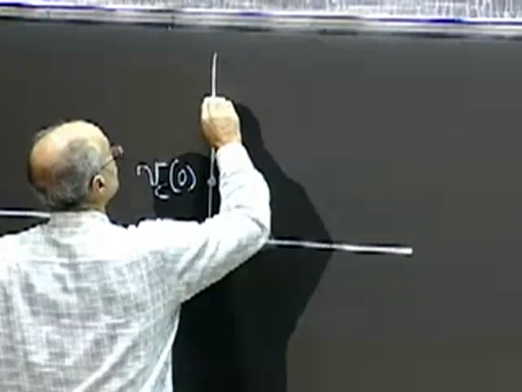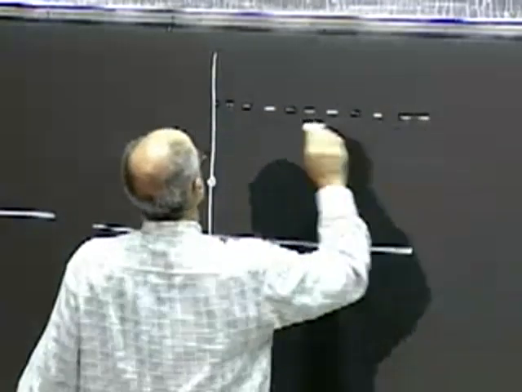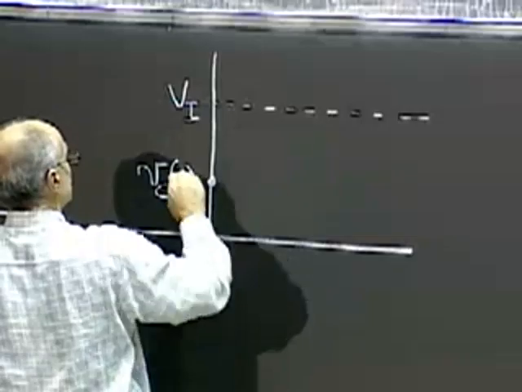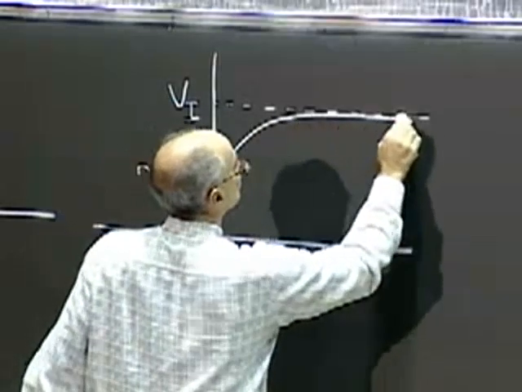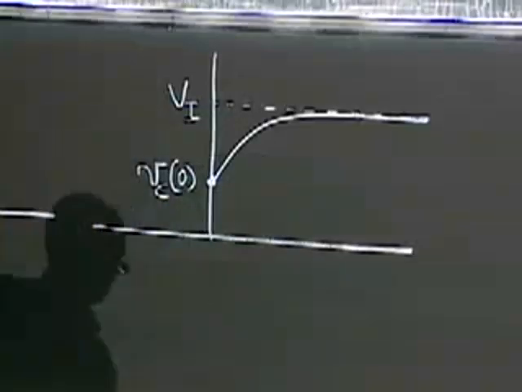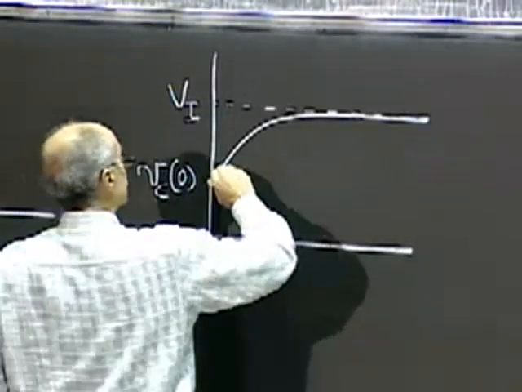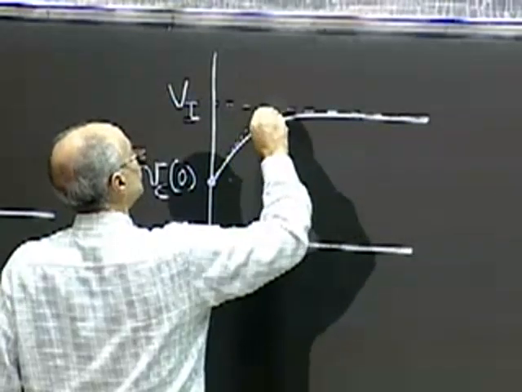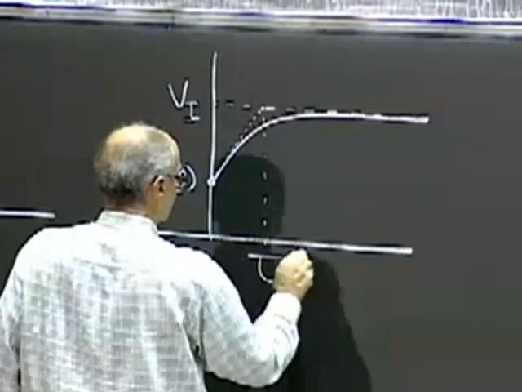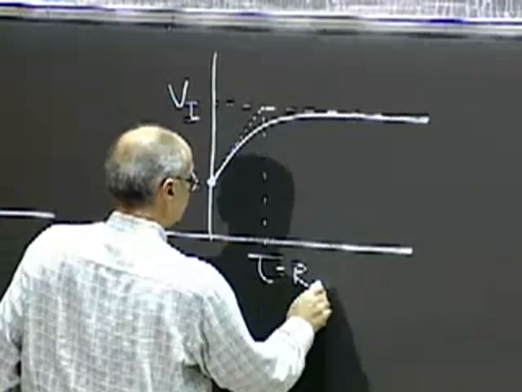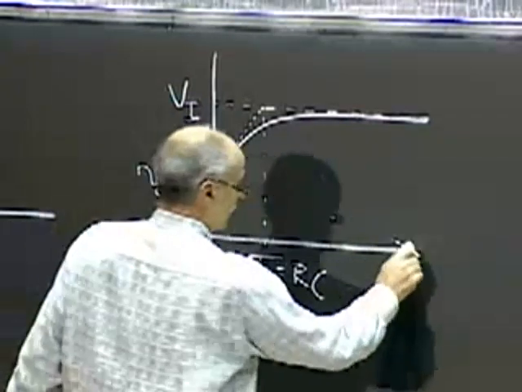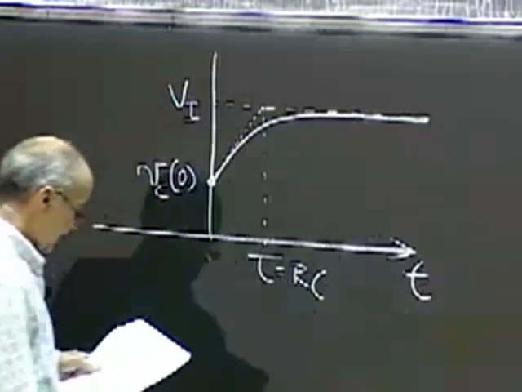And then assuming that Vi is a value that's larger than Vc of 0, we'll have a rising exponential that will come to this value. This is the time constant RC, and this is time.